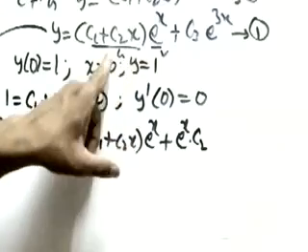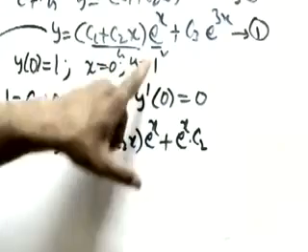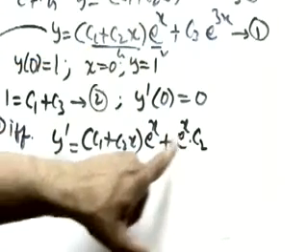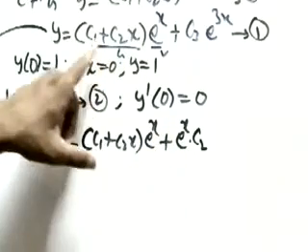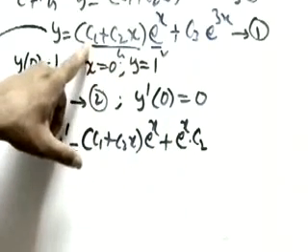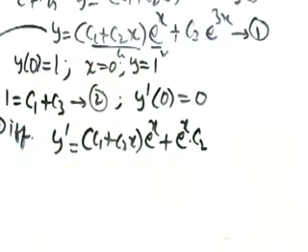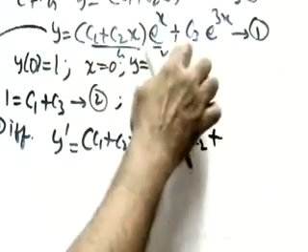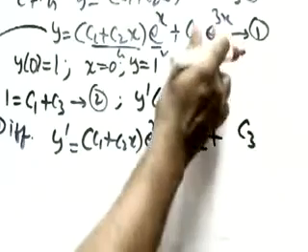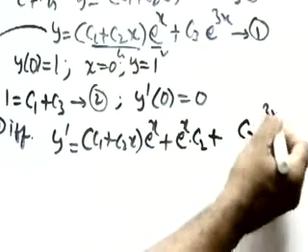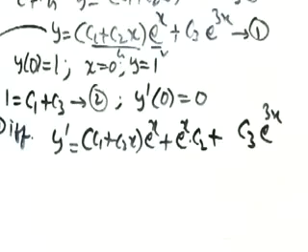See once more: these two are multiplying, so you differentiate using uv. Got it? Now next, continue. c3 as it is, and d by dx of e power 3x, e power 3x.